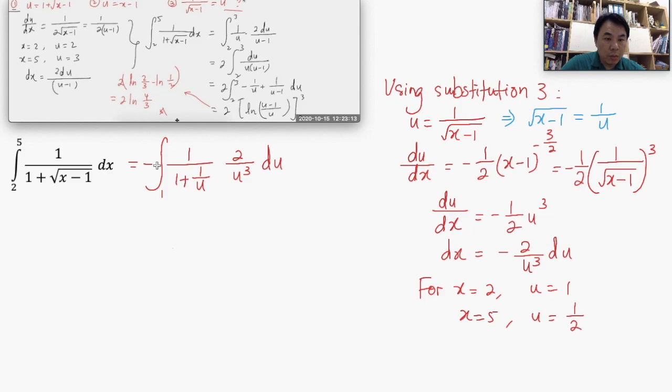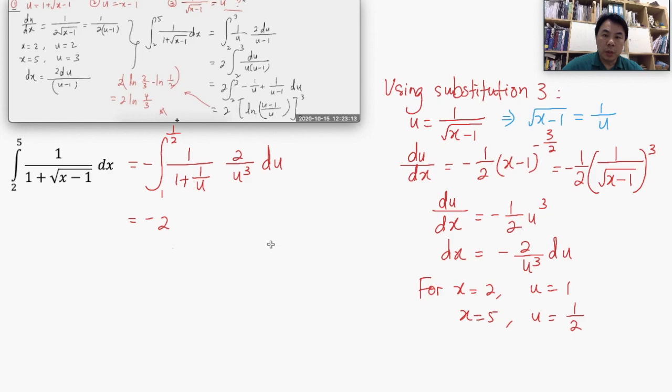And then the lower boundary is 1. Sorry, is it lower boundary? Yeah, correct. Lower boundary is 5, 1 over 2 here. Just let me check properly in case I got it wrong. Yes, correct. All right. So from here we can rewrite that, if you restructure it properly, as negative 2 here.